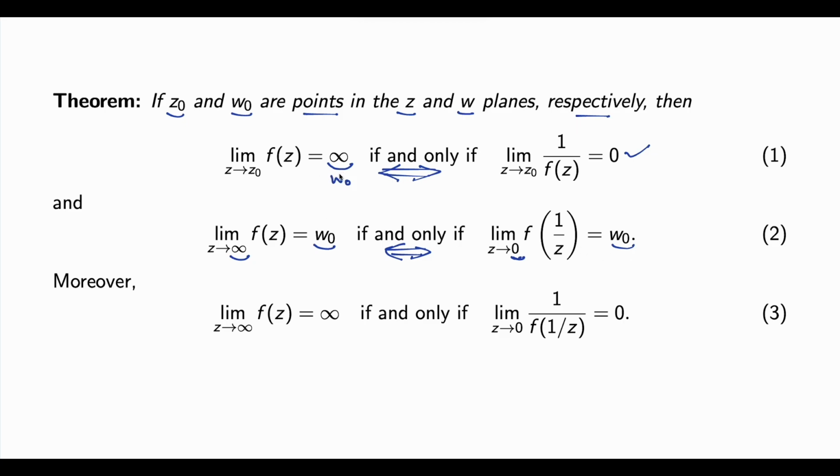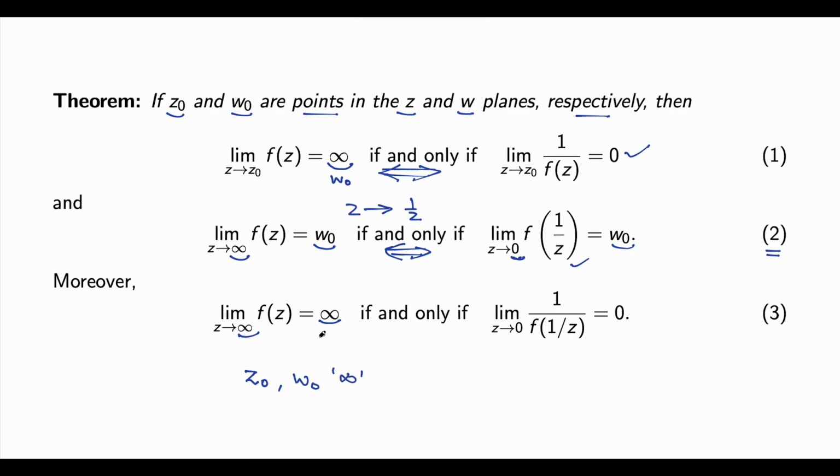So whenever w is infinity, we have to take the reciprocal of the function. Whenever z tends to infinity, we have to replace z by 1 by z. That's how we have done in the second one. Moreover, in the third case, both z naught and w naught are infinity.